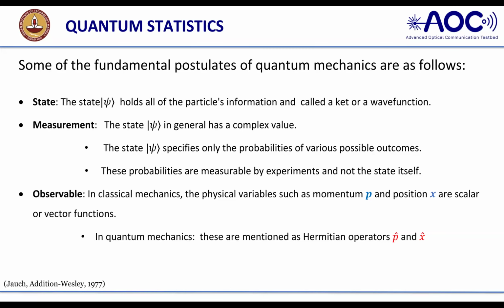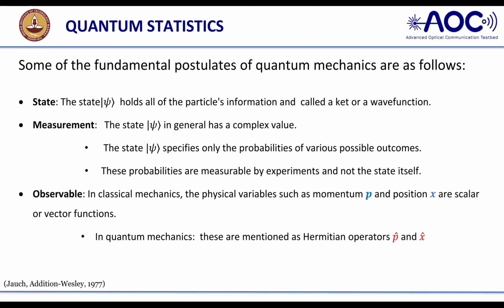In a similar way, if you say the state psi, it holds the information of whatever we generally call the particle in quantum mechanics. So the first thing we should understand is that psi has the particle information, and its notation by Dirac is called the ket or wave function.